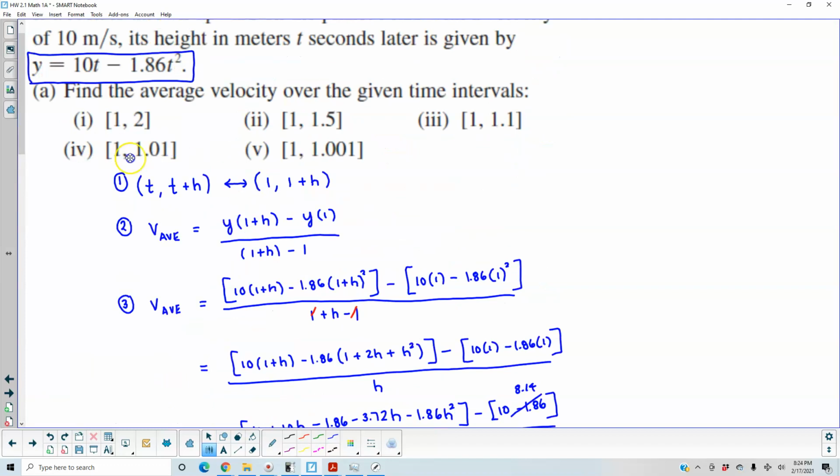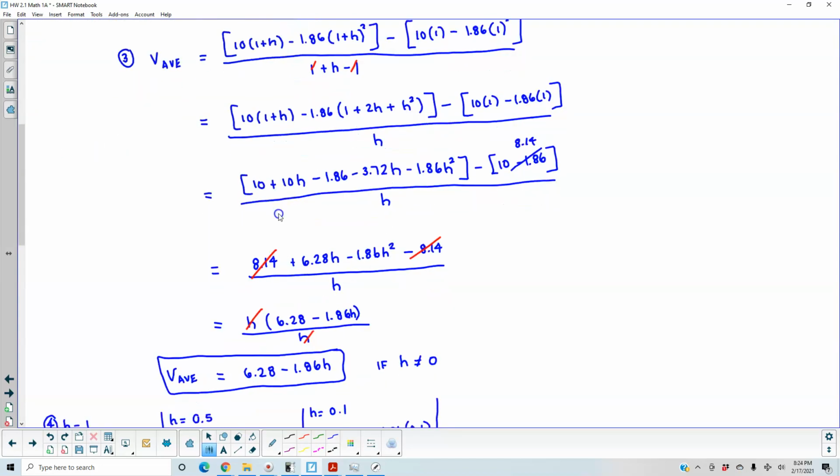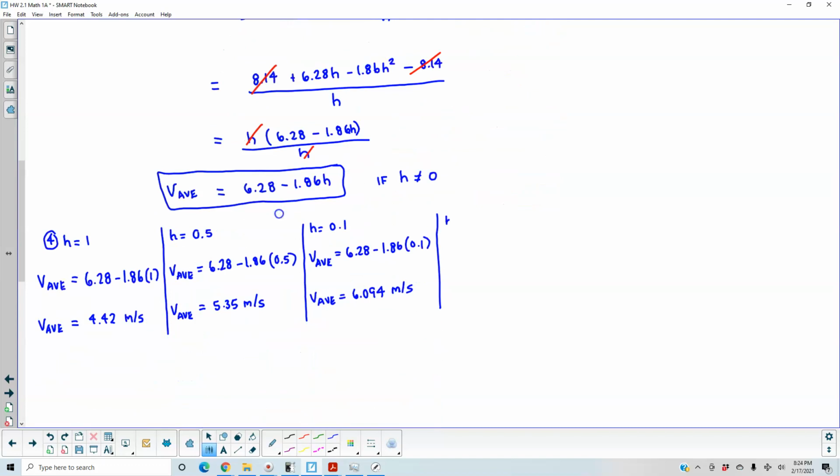Okay, the next one here, number 4, we have h, which is 0.01. So when h is equal to 0.01, again, finding the average velocity, 6.28 minus 1.86 times 0.01. So the average velocity is 6.2614 meters per second.